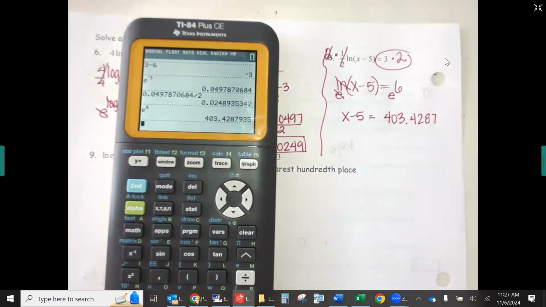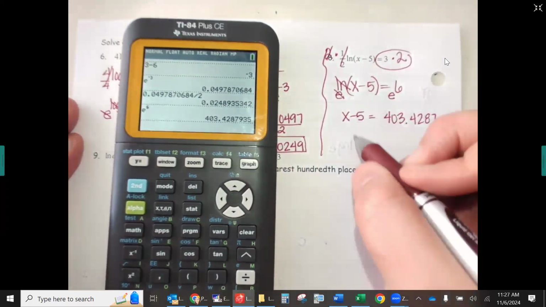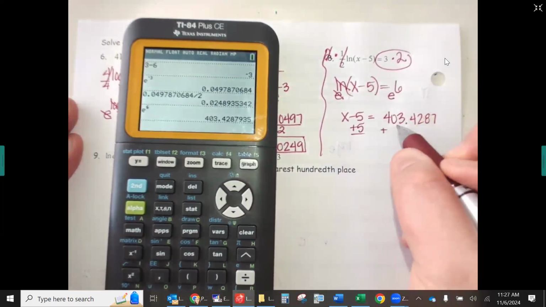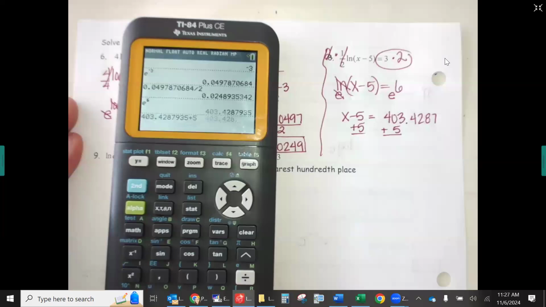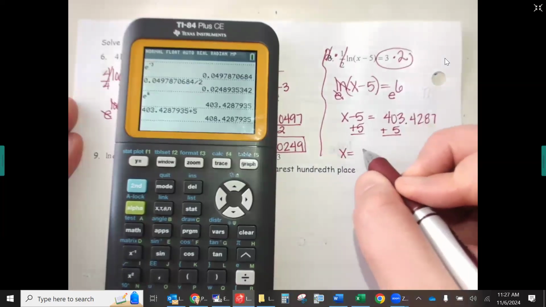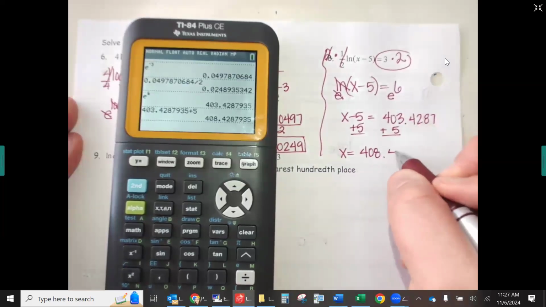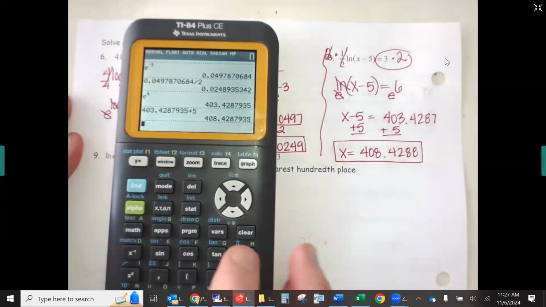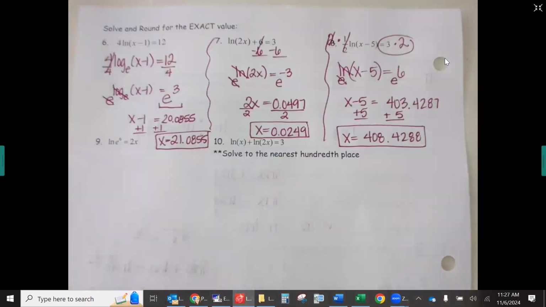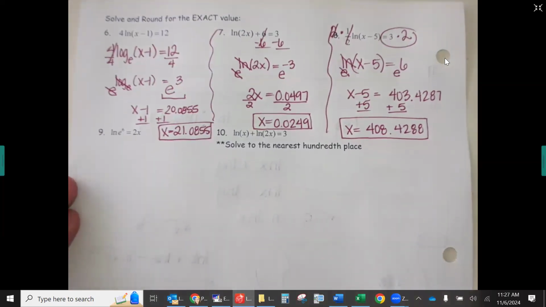Sorry, I don't remember what your homework says to round to, but add the 5 across. Take the long number plus 5, and that gives me x equals 408.428. Okay, most likely your homework is round to 2 or 3 decimals. I'm just not sure.